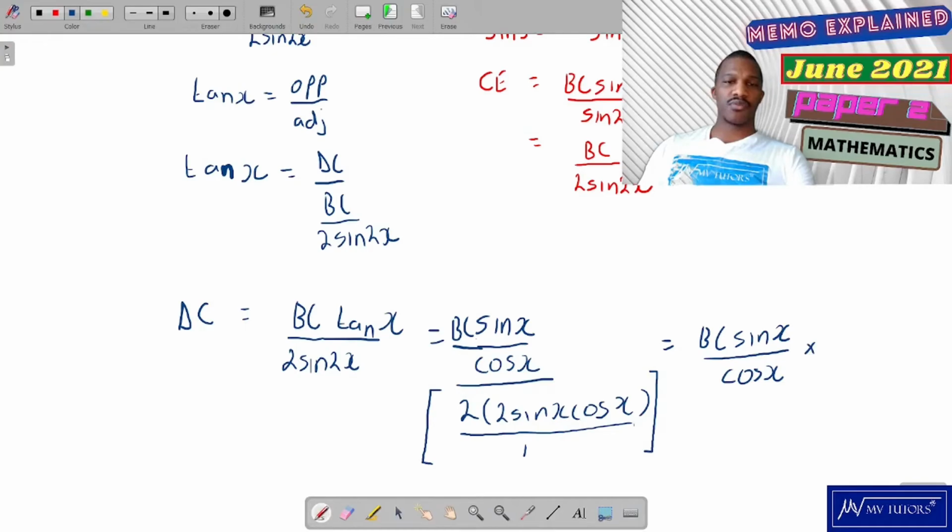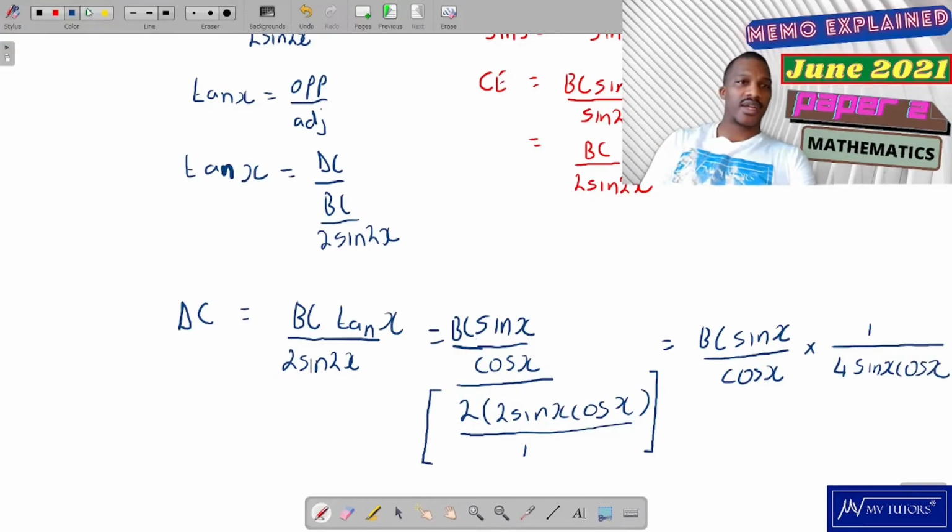And remember, when you multiply, you take the reciprocal of this, so then it becomes 1 divided by that. So 2 times 2 is 4. So what I really have is 4 sine x cos x. All right, so now I can cancel, because it looks like the sines will cancel. So that sine cancels that one.